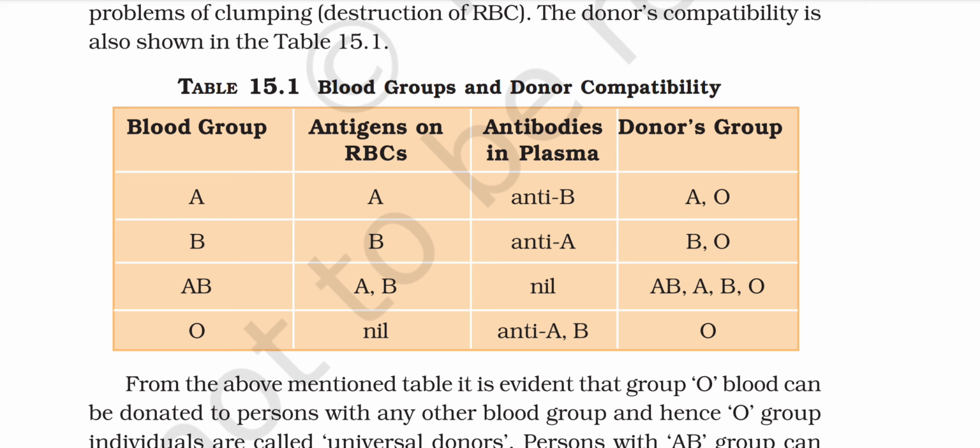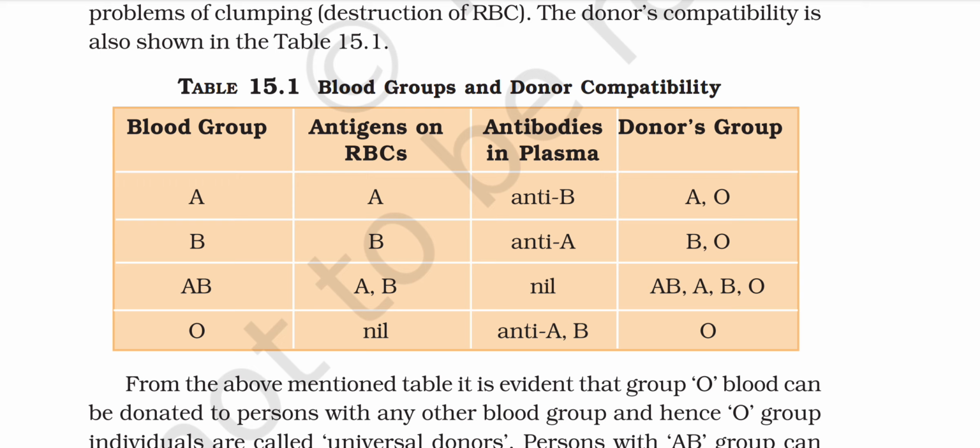So A has antibody B, blood group B has antibody A, and the AB blood group has no antibodies, because it has both A and B antigens. And O has both antibodies, right?